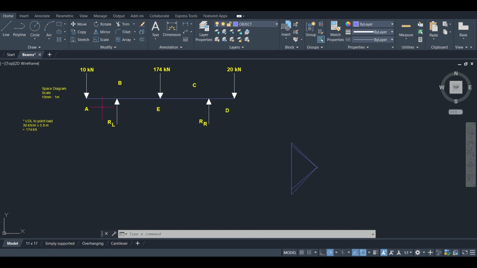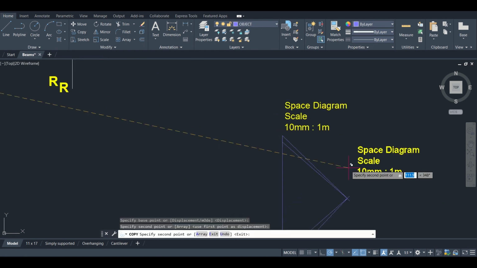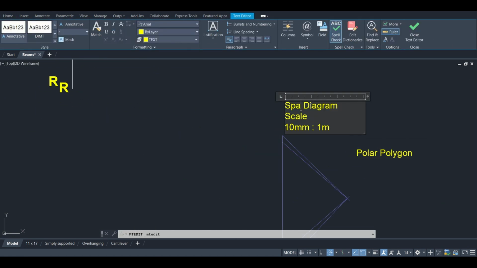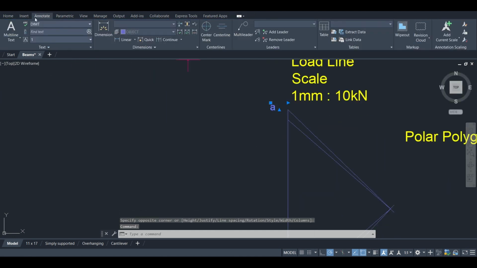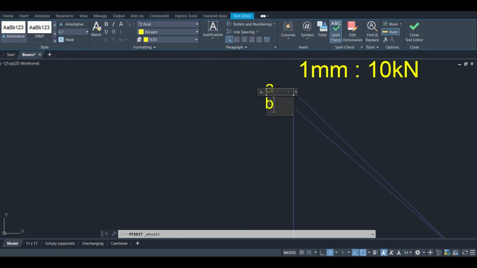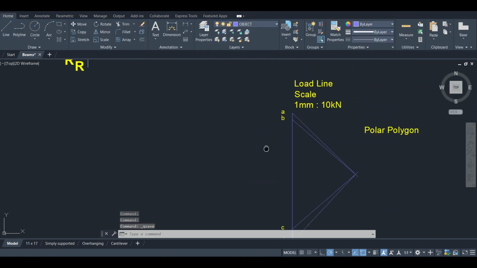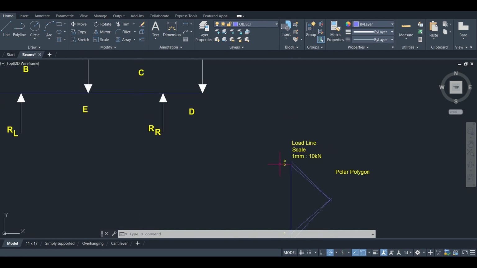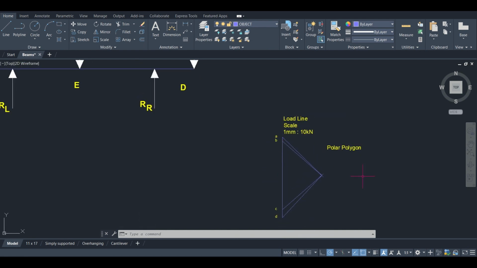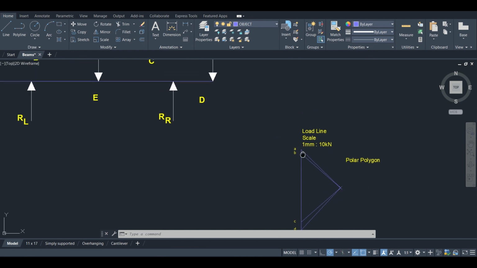I now have my polar polygon, so I'm going to be labeling and putting in the scale. So good. So we now have our load line and polar polygon represented, and each load is represented.